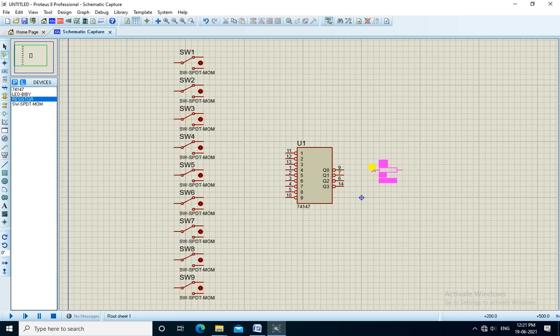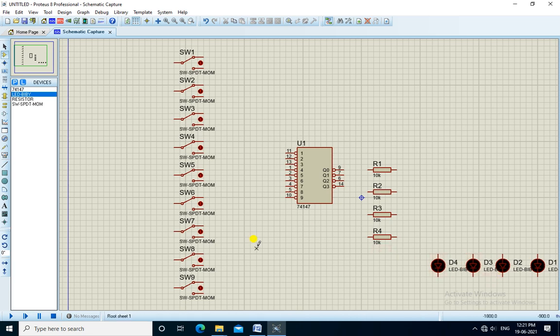Place the resistor at the output, and LEDs. LED 1, 2, 3, 4. Okay.